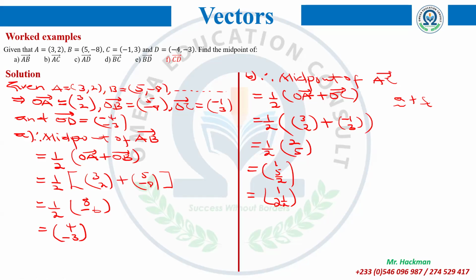Yes, please. Okay, so on that note, if you write a comma here, every vector that you have here will contain the x component and the y component, and you are not writing it in the row form. You are writing it in the column form. So if you come and write a comma here, assuming this is a comma, what do you end up getting? 3, 2, comma, 5, minus 8.